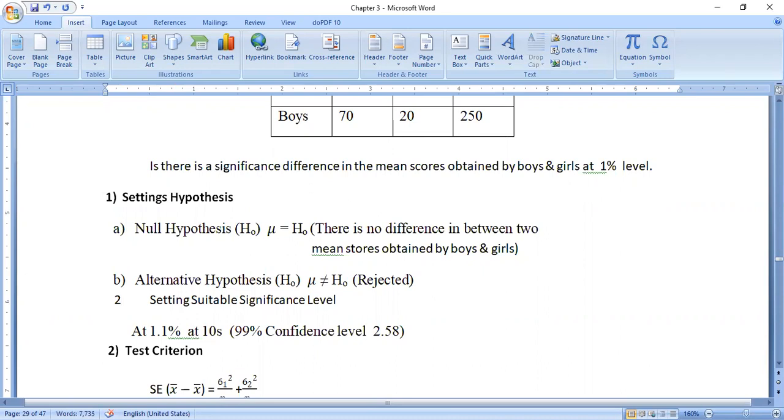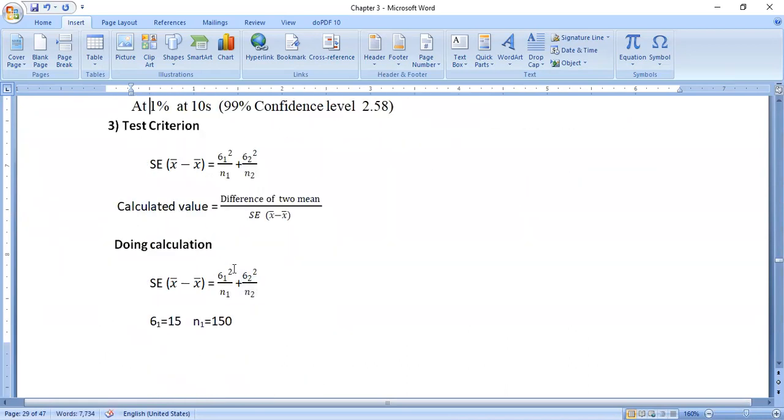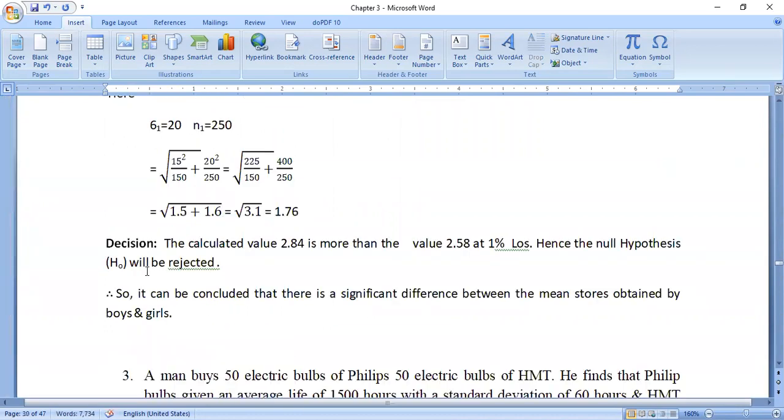The next one is step number 3, test criterion. The next one is doing calculation. Then the last one is the decision rule.